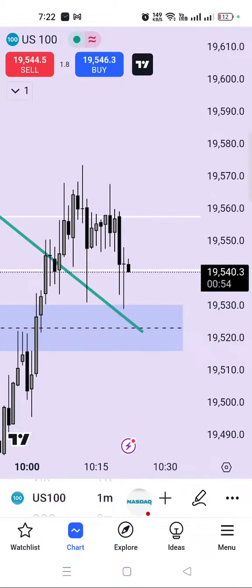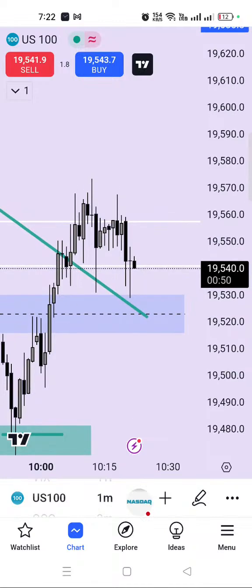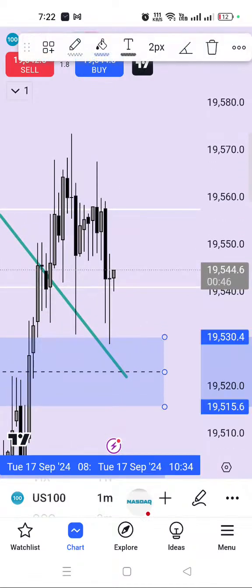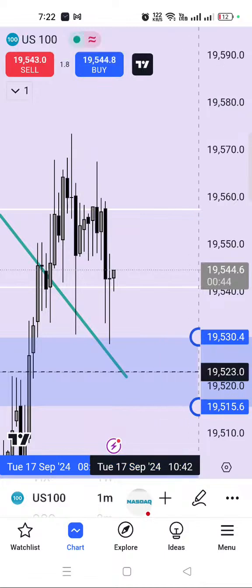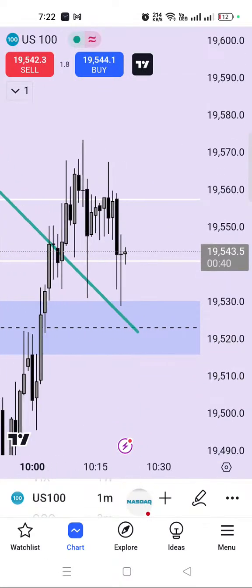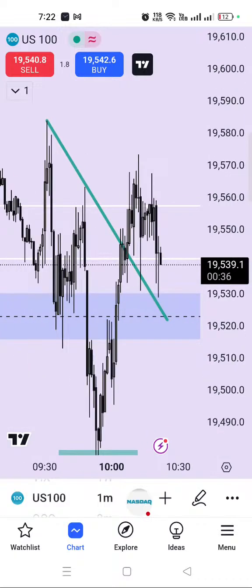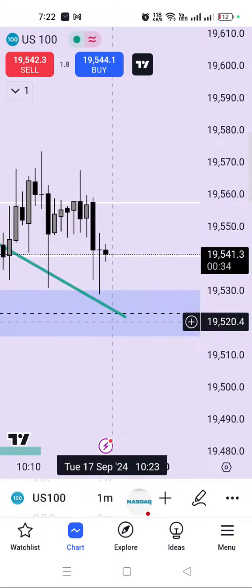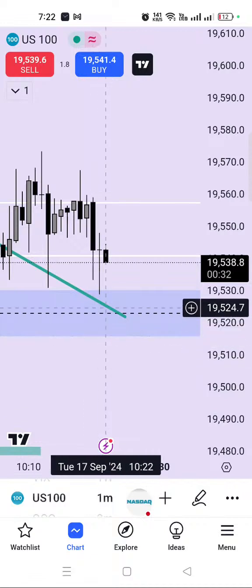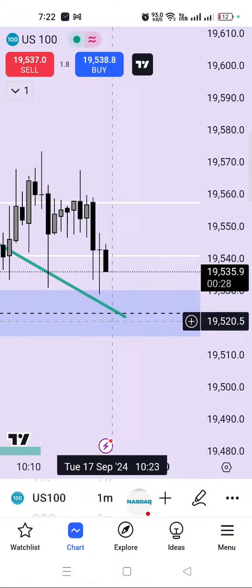I can still do without the violence, but as long as we are going up, I'm buying it. Okay, that was the breakout line. A move below this line would be amazing. Then I'll try to buy it from here.